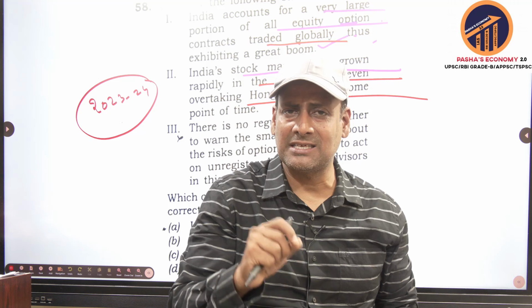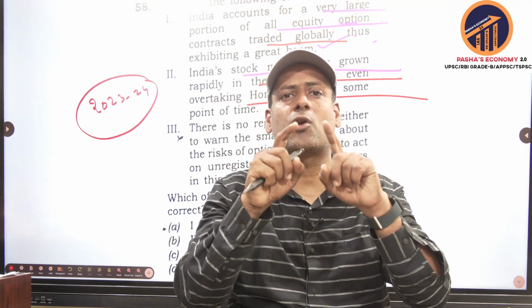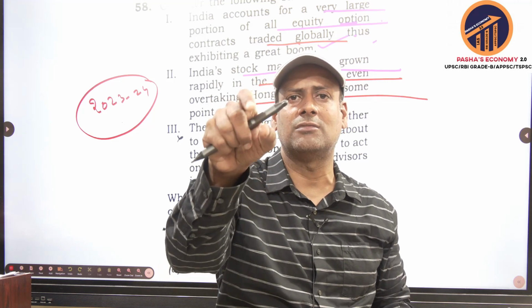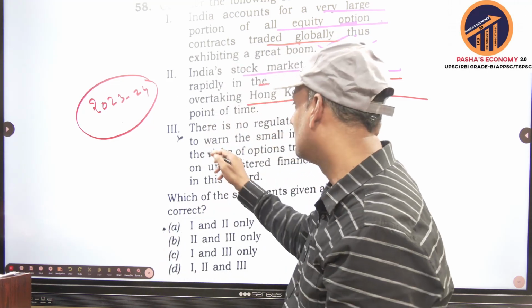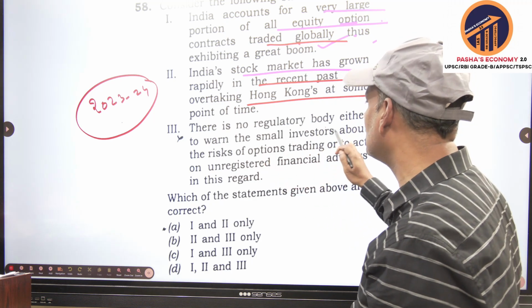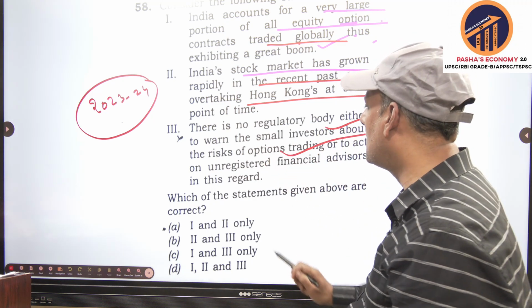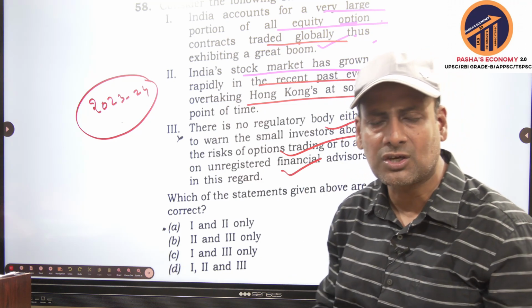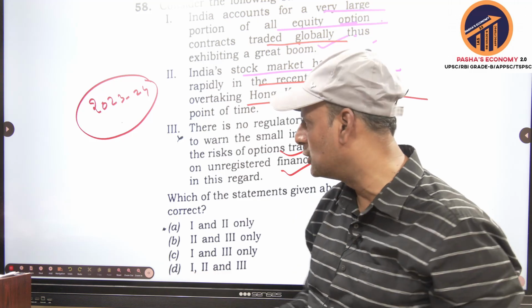But as far as SEBI is concerned, today we do not have a proper statutory regulatory mechanism for small investors. So the third statement says there is no regulatory body either to warn the small investor about risky options or unregistered financial advisors. Though we have a beta version, we do not have any proper regulatory mechanism.